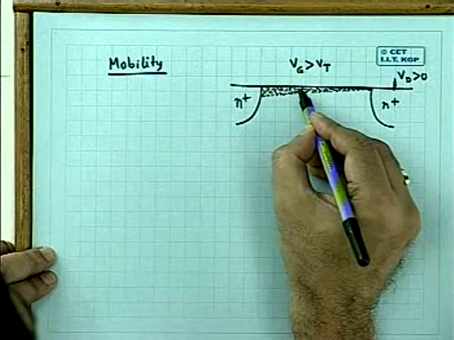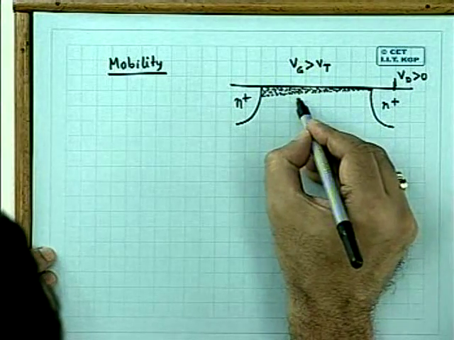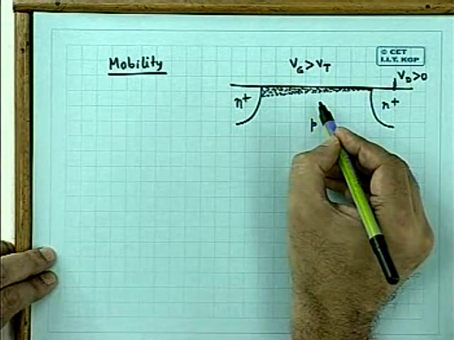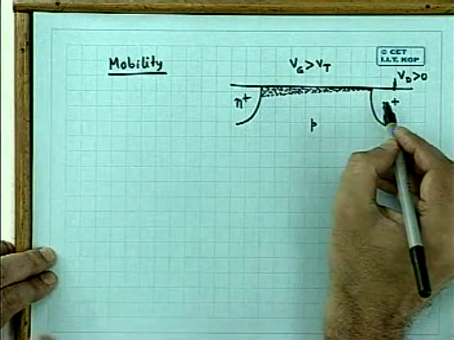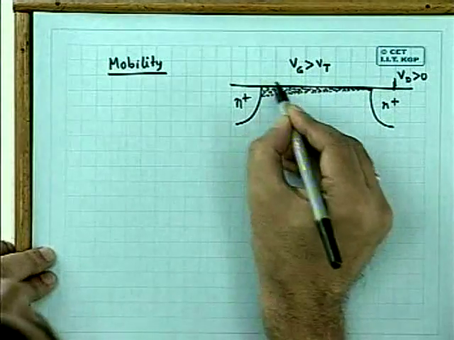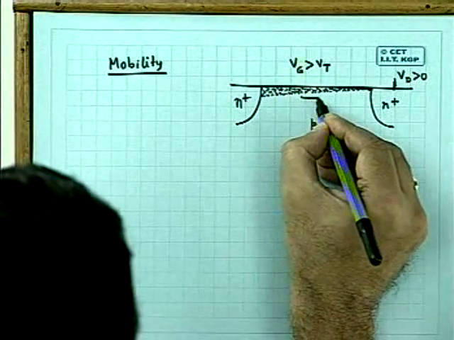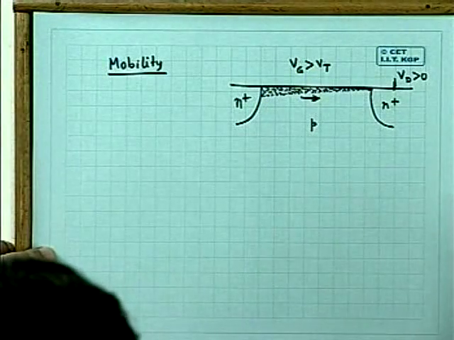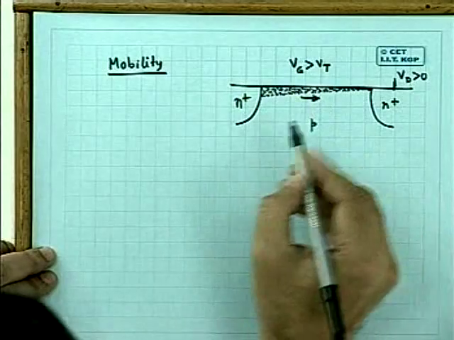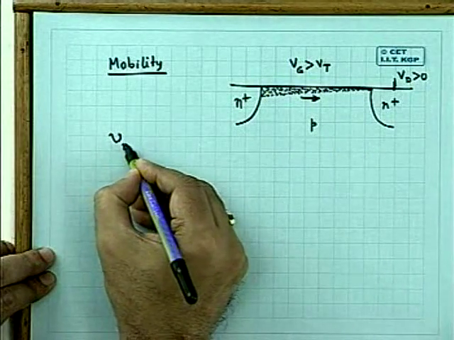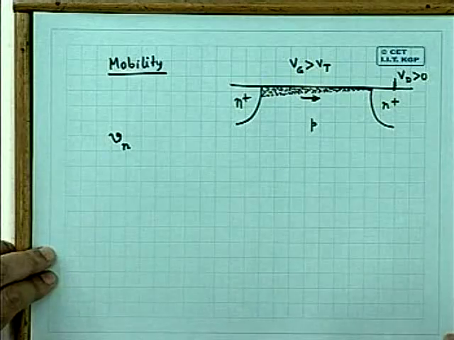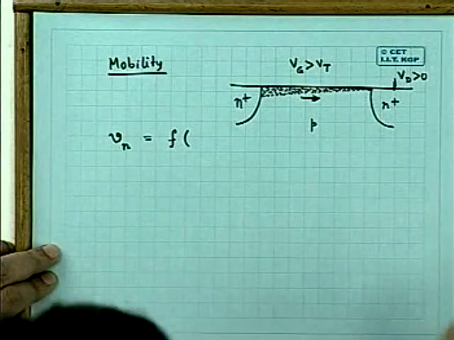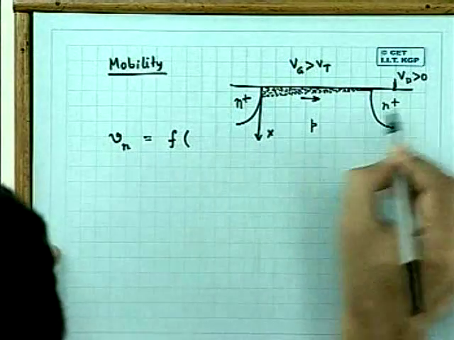Now these electrons, they move. Actually, electrons move in which direction? In this direction. But the current flow will be in the opposite direction. This electron movement is taking place in this direction, and the velocity of these electrons is a function of... this is my x and this is my y.